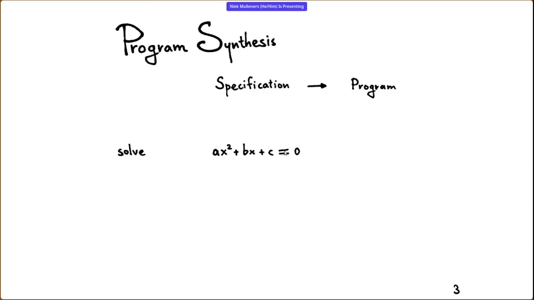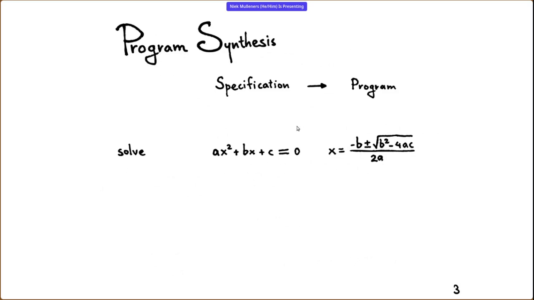So what you might think of as a specification is, for example, solving a quadratic formula. Let's say we have the formula ax squared plus bx plus c, and we want it to be equal to 0. We could try to generate a program that has a, b, and c as its input, and the possible values of x as its output, and then a correct program that we would hope to synthesize would be the famous ABC formula.